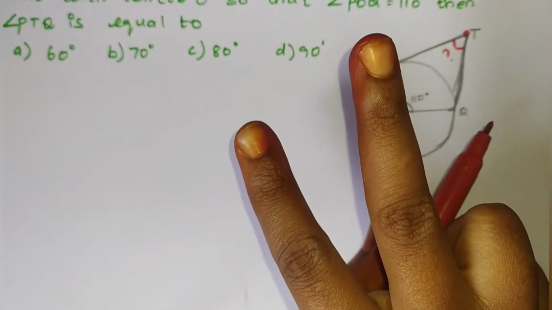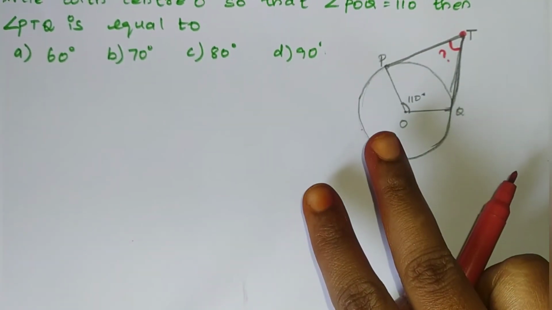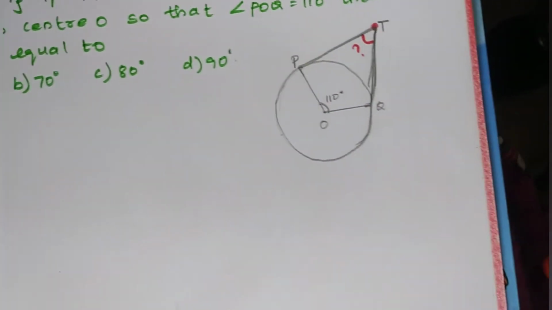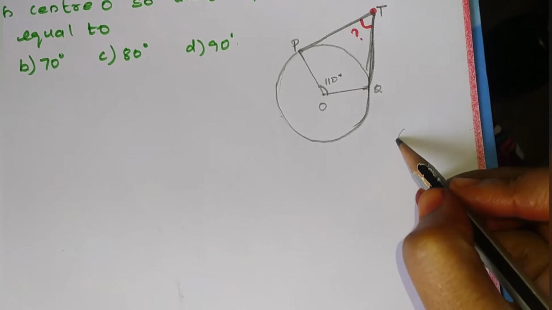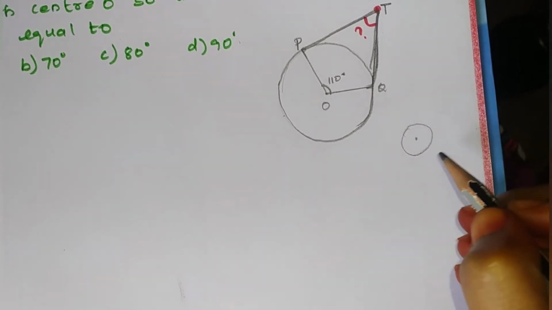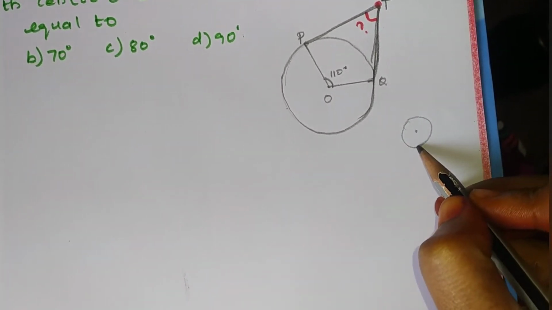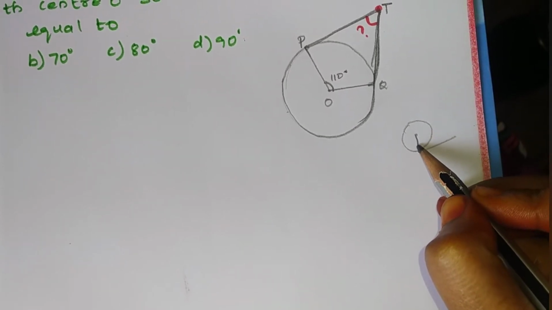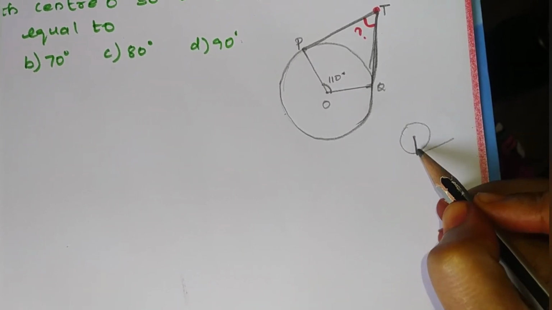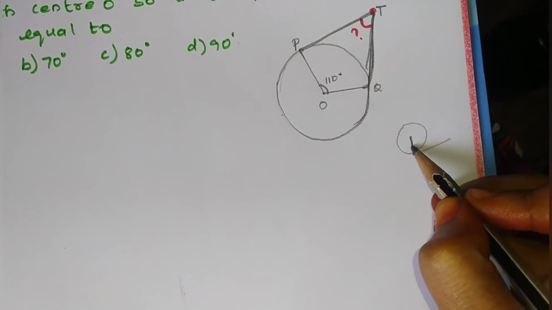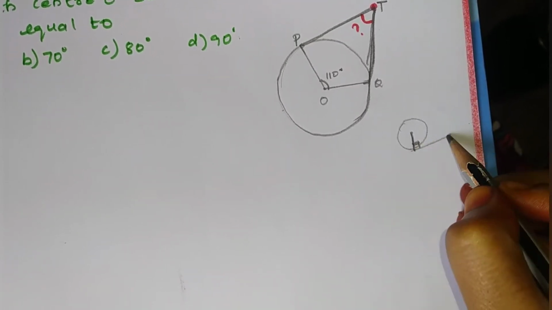Actually, we know only two theorems. What are the two theorems? If we join a line from the center to the point of contact, it will make 90 degree to the tangent.